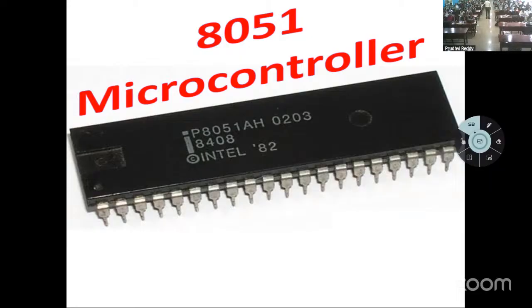The integer means 4 bytes. That means the data size is 4 bytes. How many bits per 1 byte? 8 bits is equal to 1 byte. So 4 into 8, 32 bits.